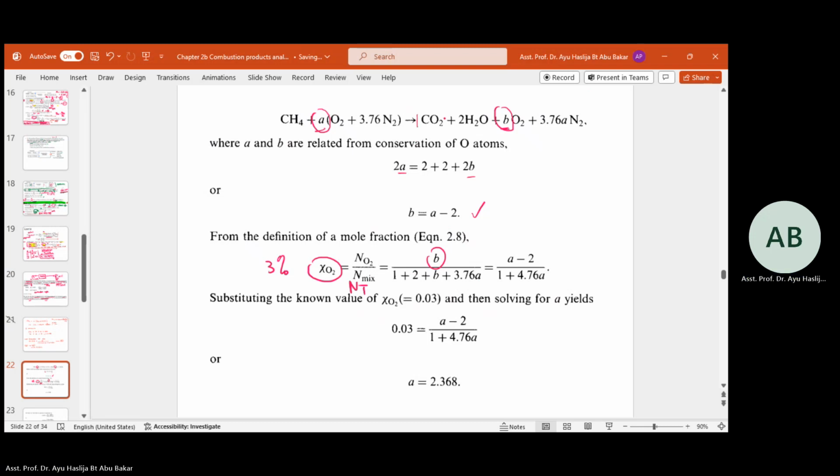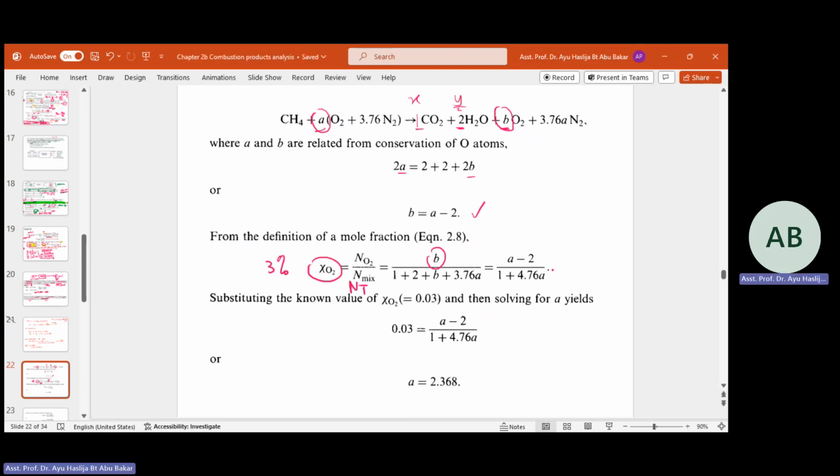Total here. Do you remember how we got this? The X, right? This is Y over 2. Y over 2, okay? So this is how we find the mole fraction of the O2.